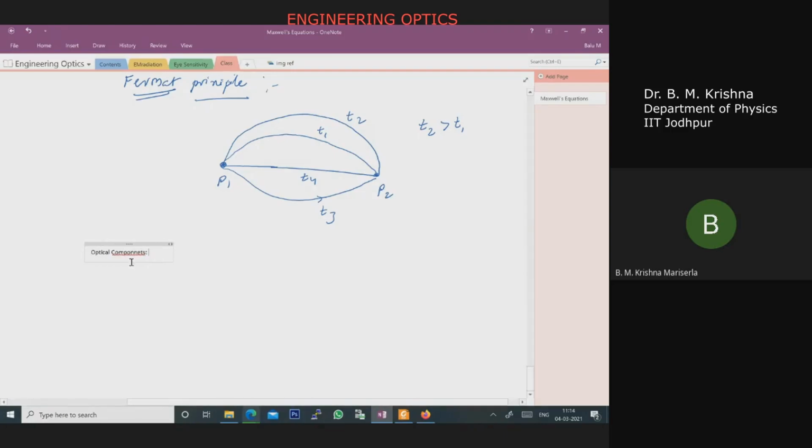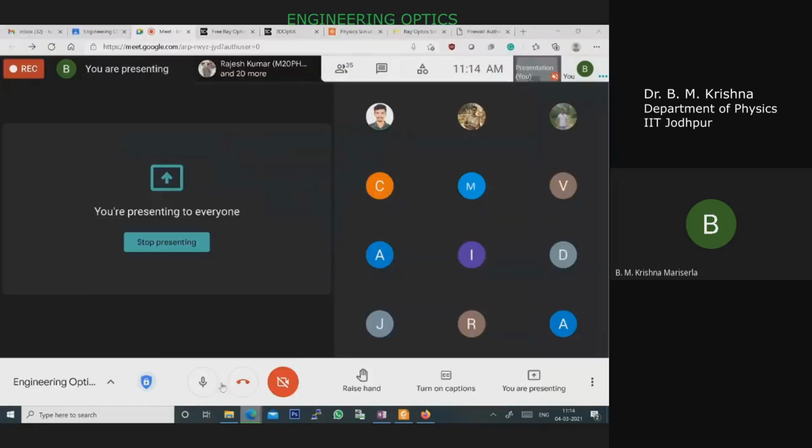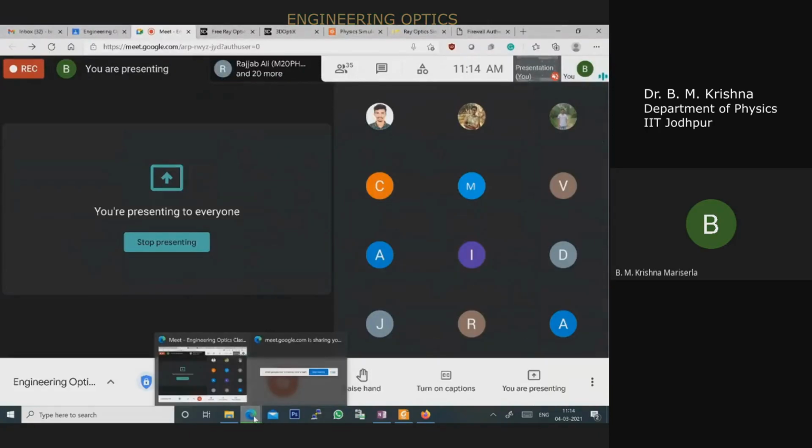What are the optical components you know about?